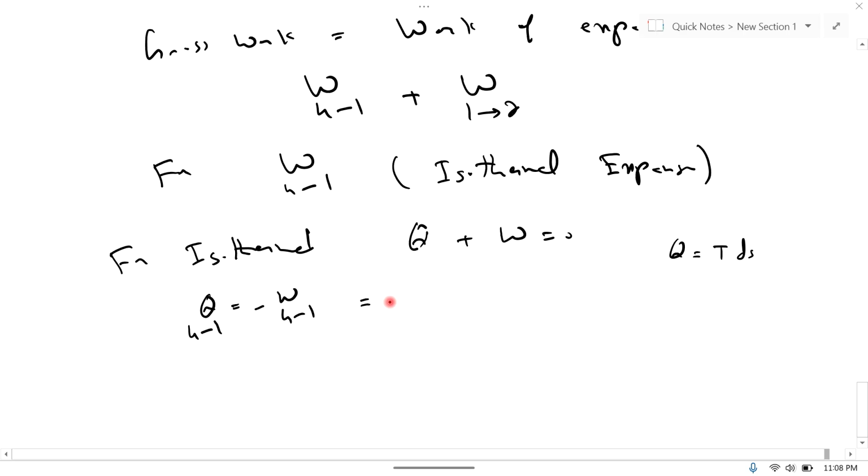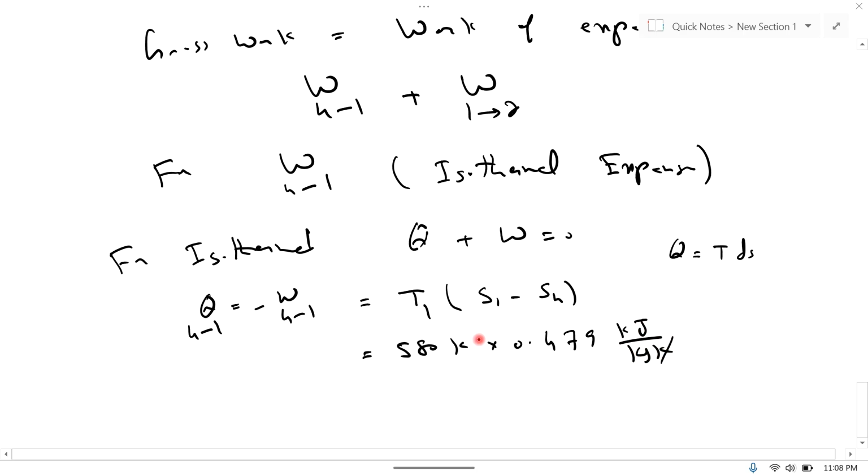So Q from 4 to 1 is temperature, and the difference of entropy is S1 minus S4, and this is T1. So T1 is equal to 580 Kelvin, and S1 minus S4 is already known to us from the previous calculation.